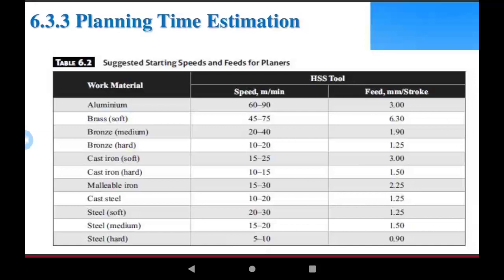For planing time estimation, we solve problems according to this.